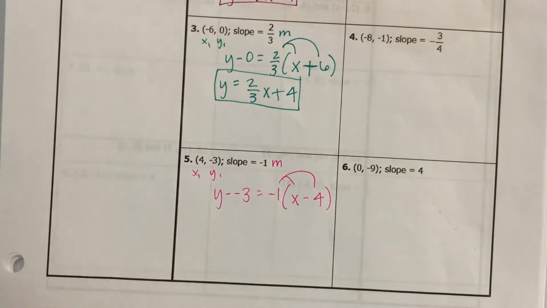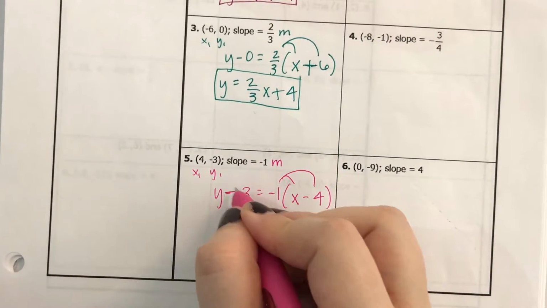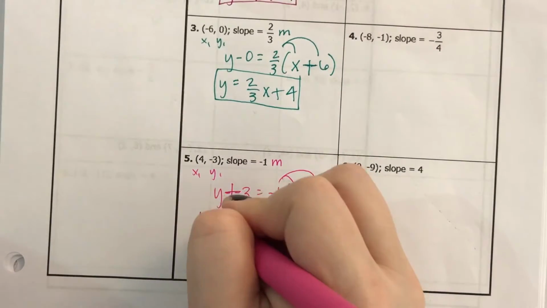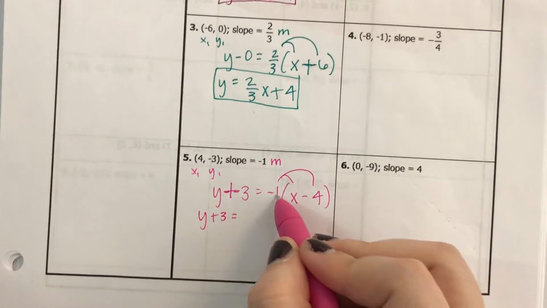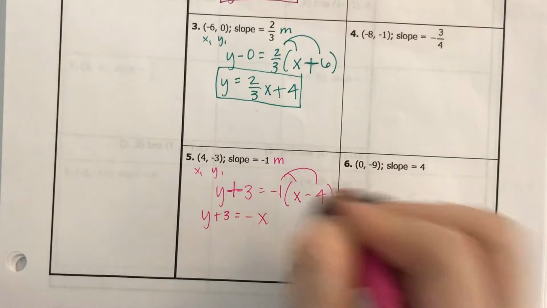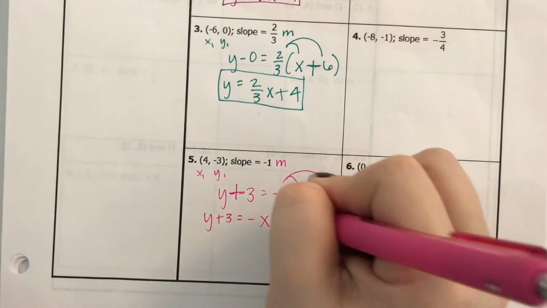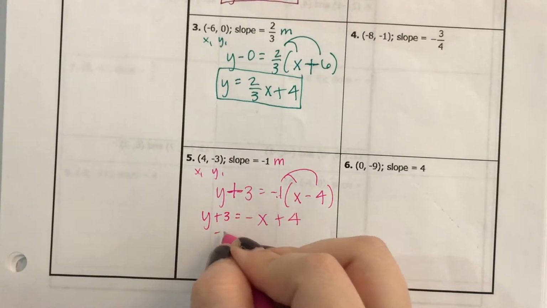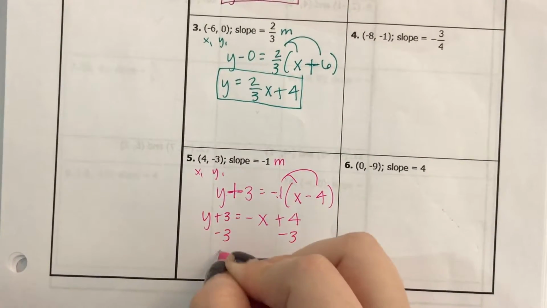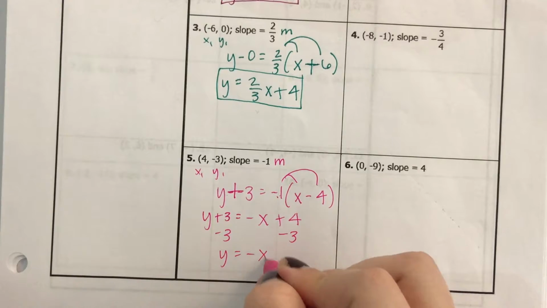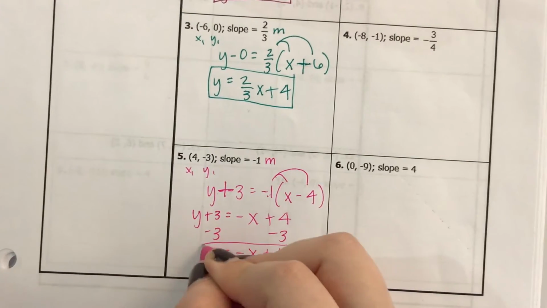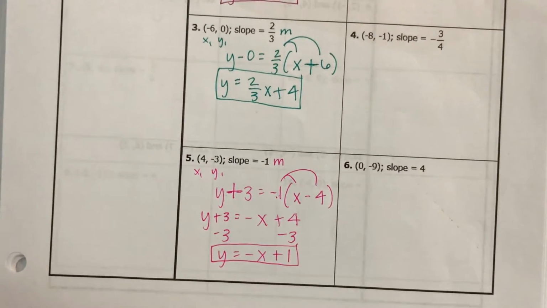Distribute. Minus turns into a plus, so this is actually y plus 3. Negative 1 times x is just negative x. Negative 1 times negative 4 is a positive 4. And I'm going to subtract 3 to get y by itself. So negative x plus 1. That's it.